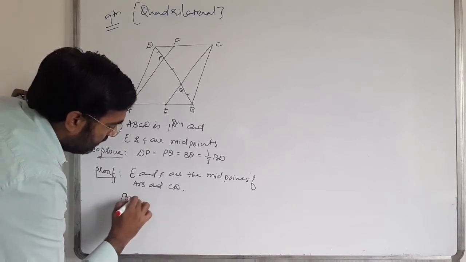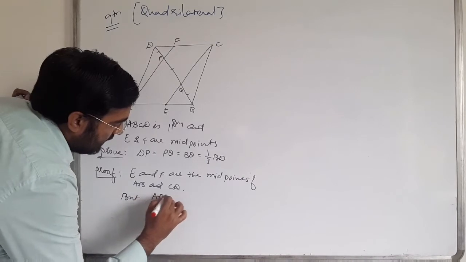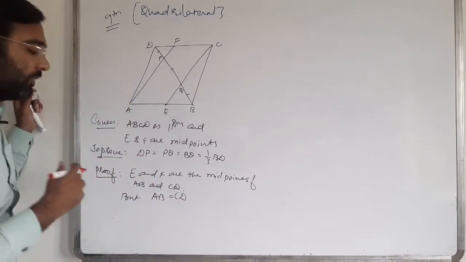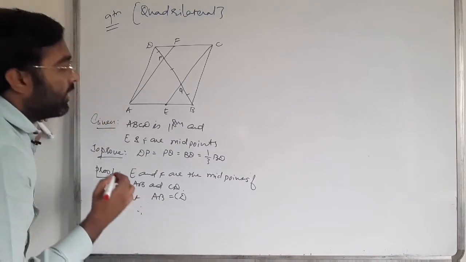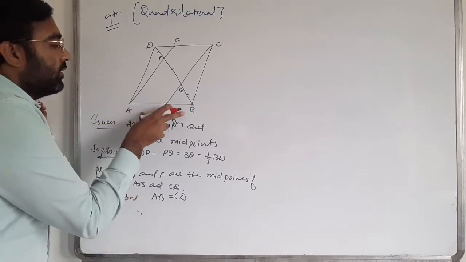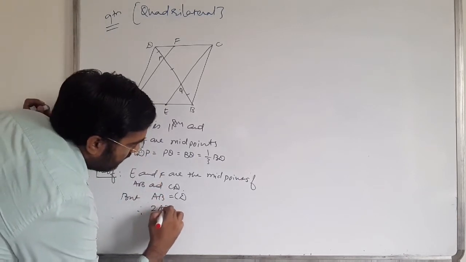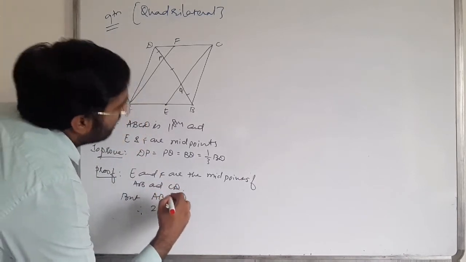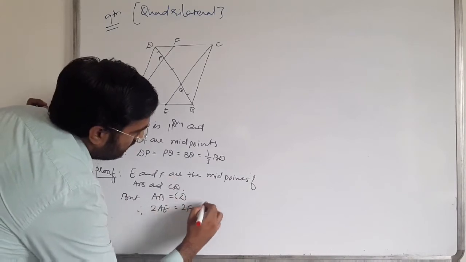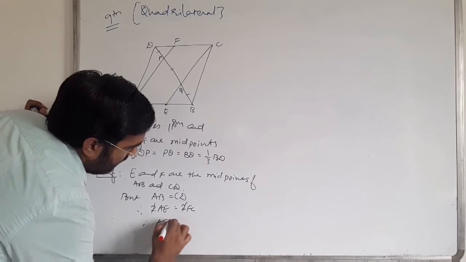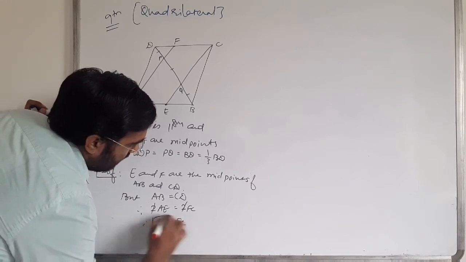AB is equal to CD, opposite sides of the parallelogram are equal. E is a midpoint, therefore we write 2AE is equal to 2FC. 2 cancels out, therefore AE equal to FC.